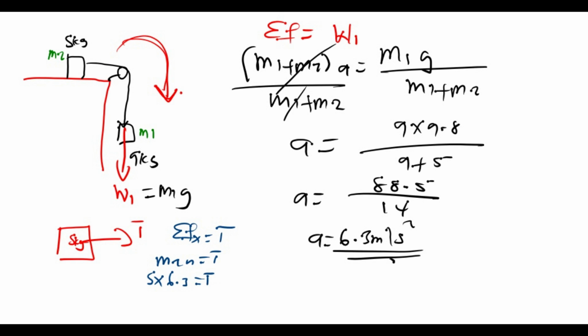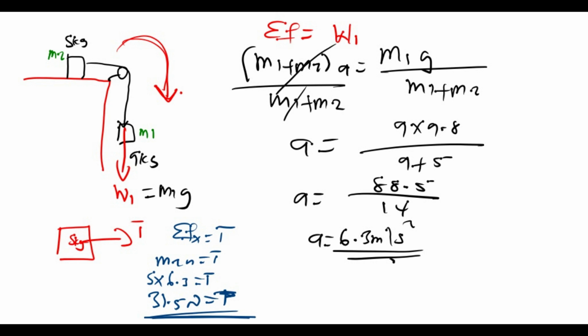So if we do the multiplication, we should be able to get 31.5. Now, you can also use M1, you end up having the same answer. But we're not going to do that because of time. So the acceleration is 6.3, the tension 31.5.